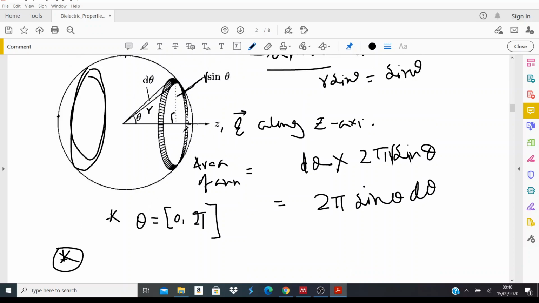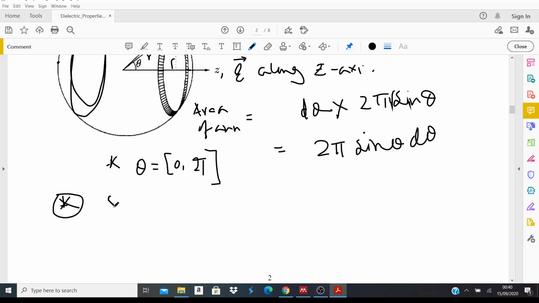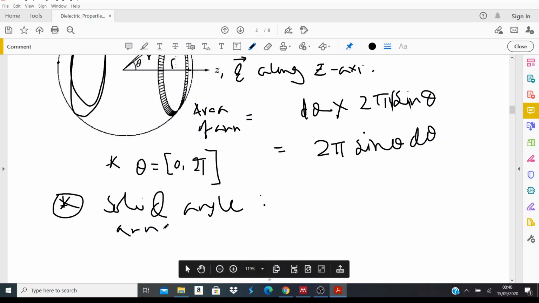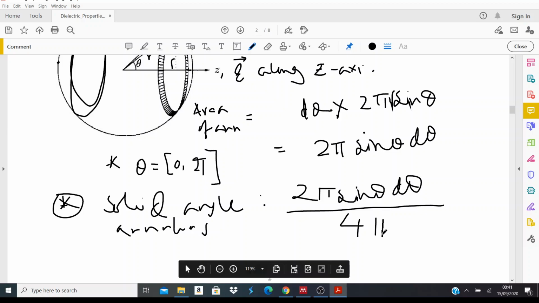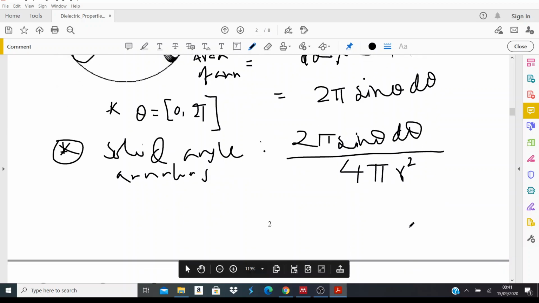And then people generally ask, what is the solid angle subtended by this area, right? So the solid angle subtended by the annulus. The solid angle is nothing but the area of the annulus divided by the total surface area of the sphere, which is 4 pi r square, and we know r is 1, so this term is just 1.